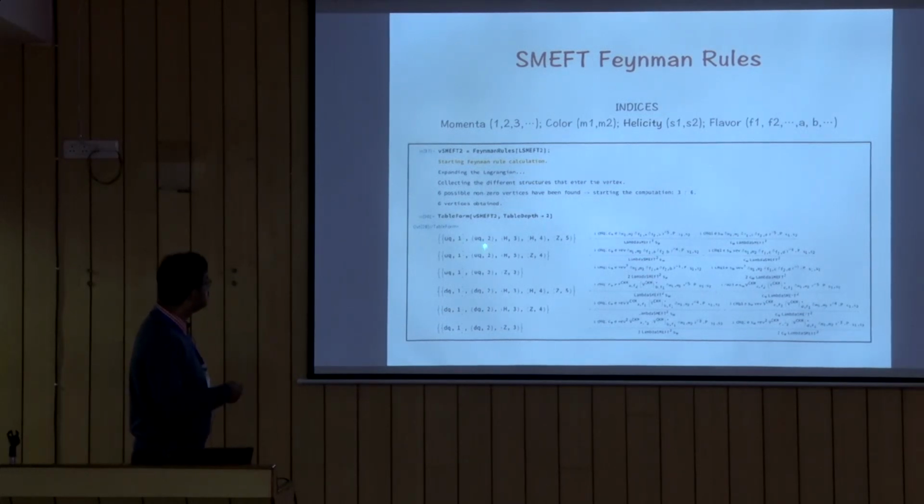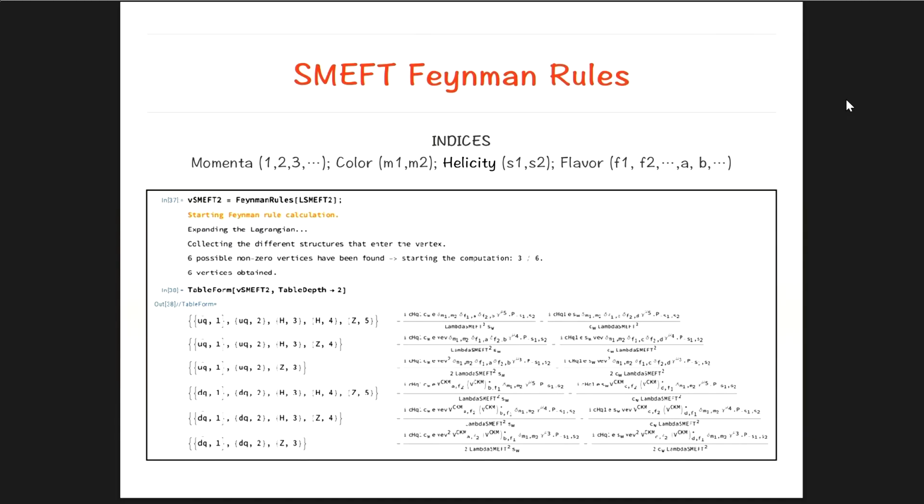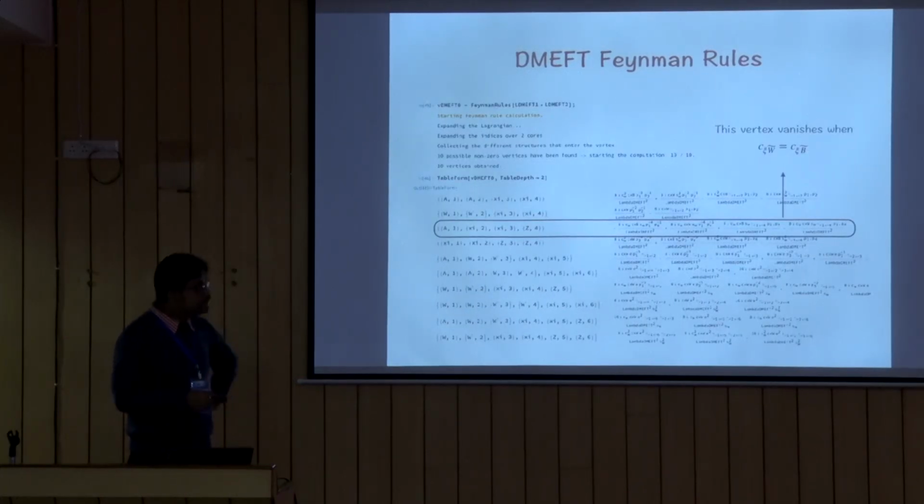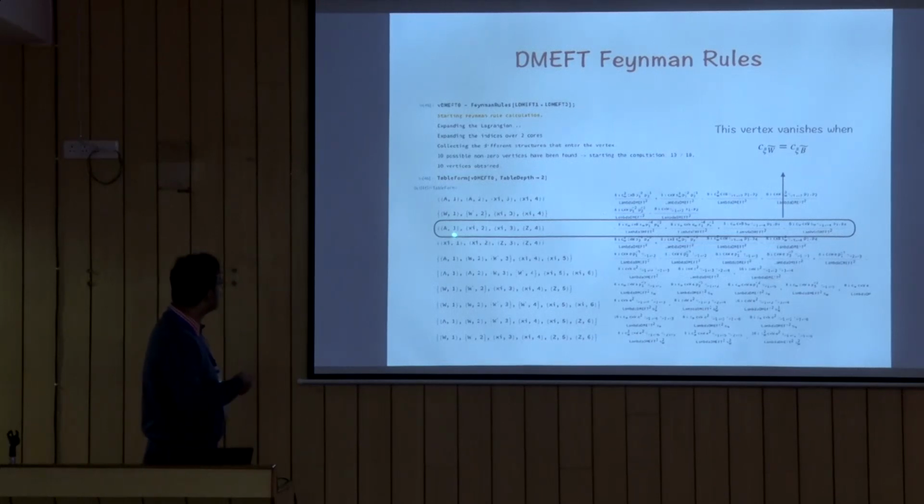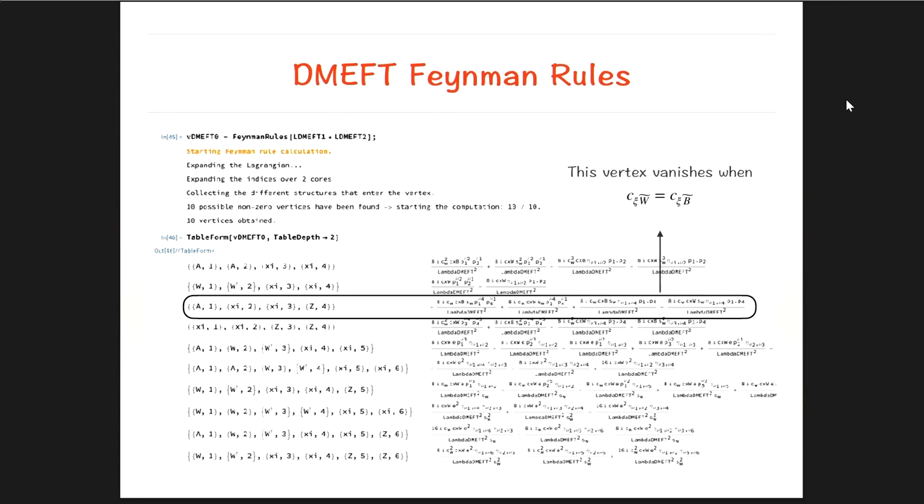For example, this vertex HHZUU, which is coming from one of these operators that we inserted, that is actually here. Okay. So, if you are doing an analytical calculation, you can also check the consistency of this using the analytical calculation. And similarly for the DMEFT case, you can check this chi A Z interaction that you are generating, and the corresponding rule is here.